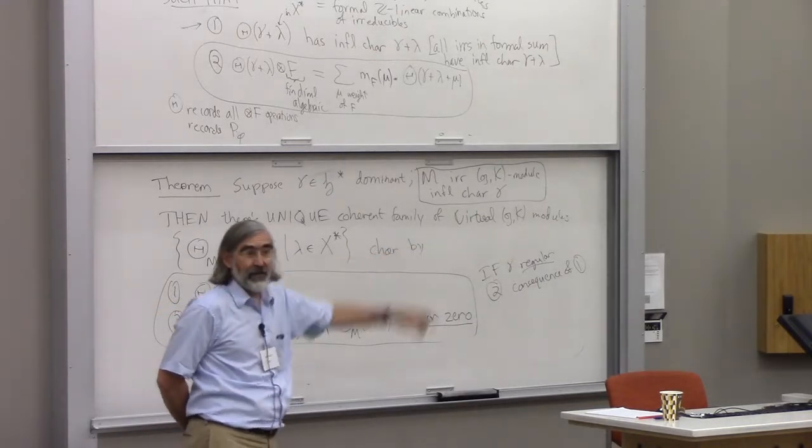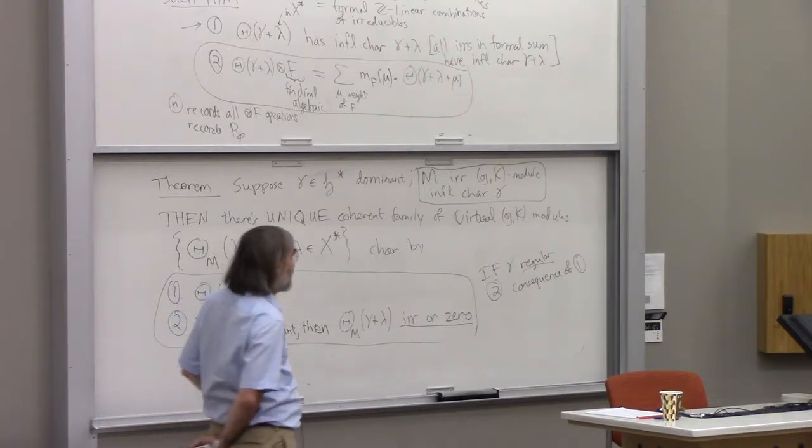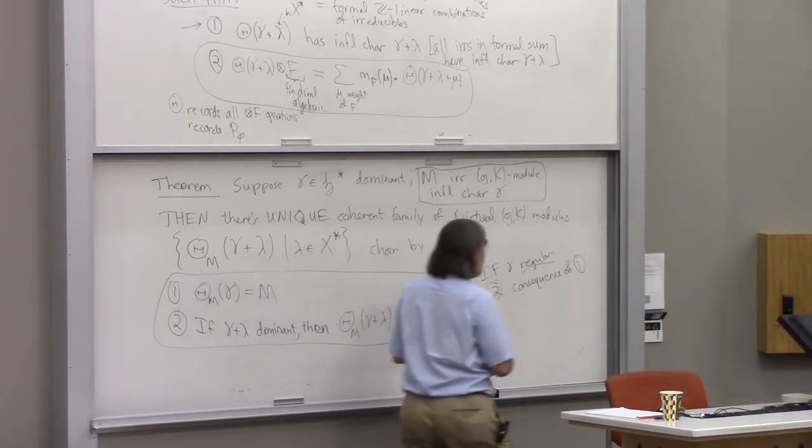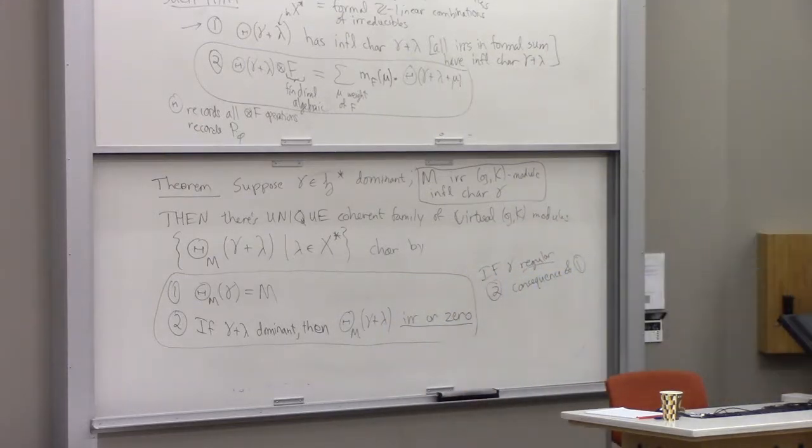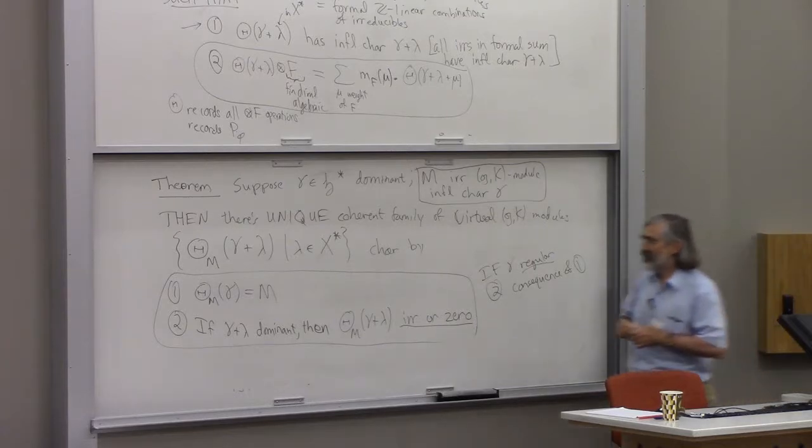You'll get this family that's written over here. That's exactly right. This is theta for the trivial on rho plus X upper star, the one that's written over here.